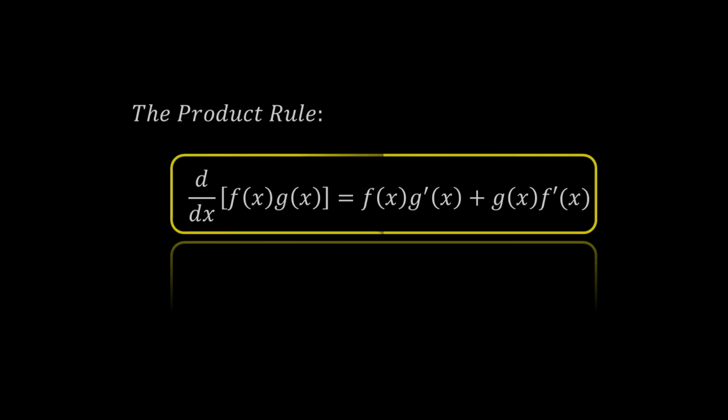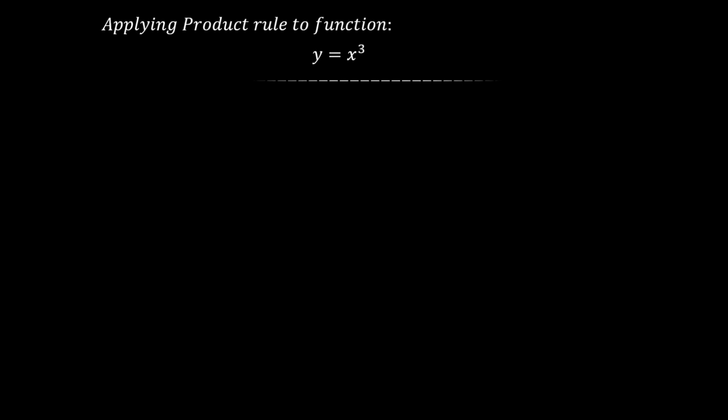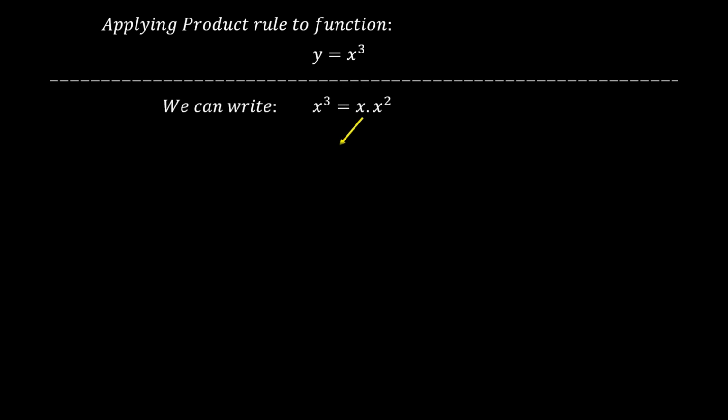Next, we'll find a rule for derivatives of functions with powers. Before we make the leap to find a general power rule, let's use the product rule on the function x cubed. To do so, we will write x cubed as x times x squared.